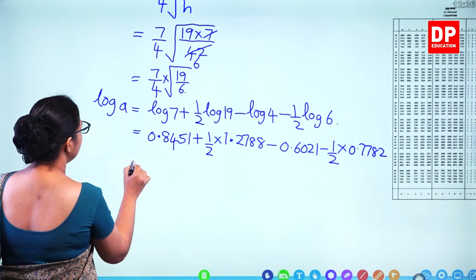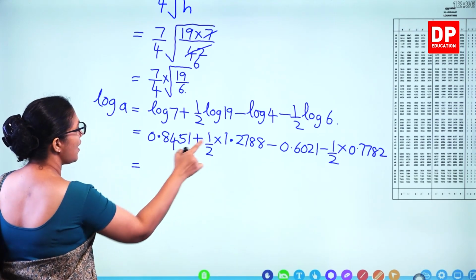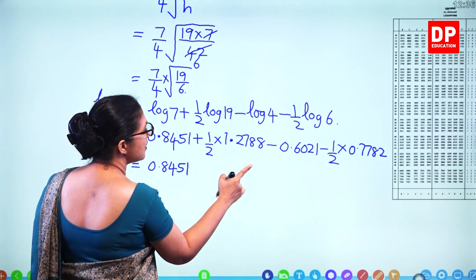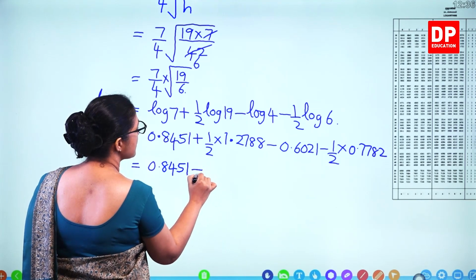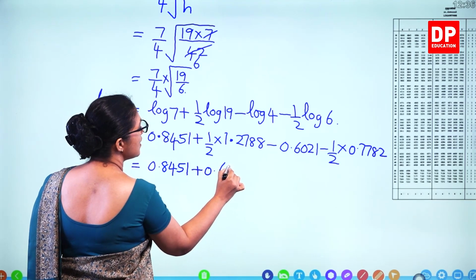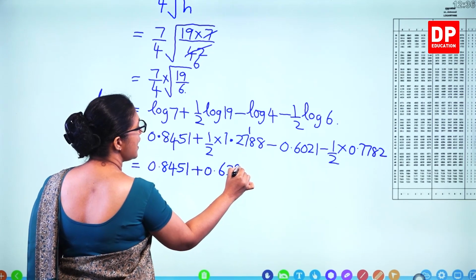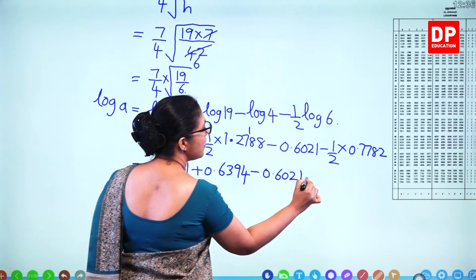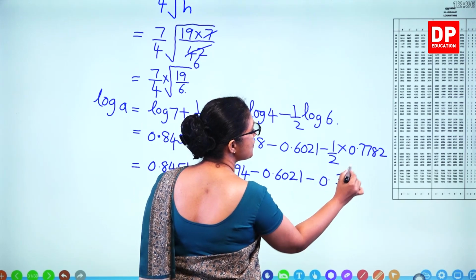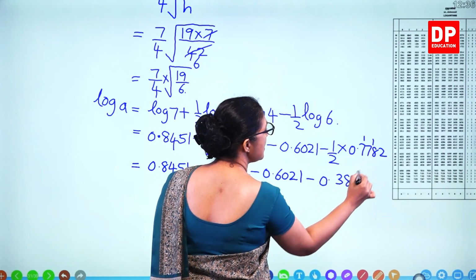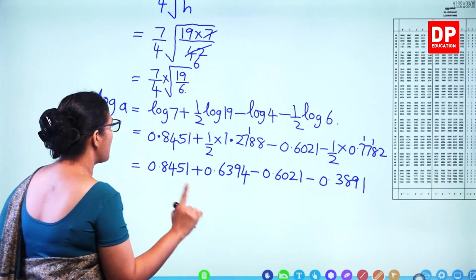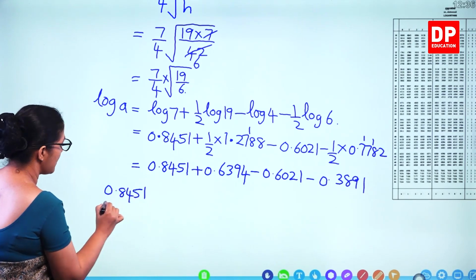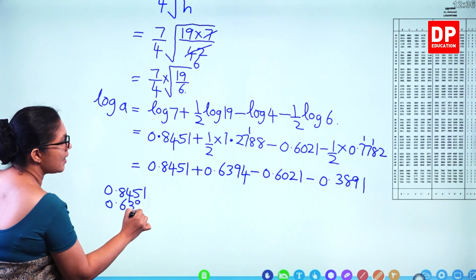Now simplify. We can divide first by 2. So 0.8451 plus, dividing by 2, 6 by 2 is 3, 6, and here for 18, that's 9, 4. 0.6021. Now divide by 2 here, 2 times 3, 6, 2 times 8, 16, 9, 1. Now add 8451, 0.6394.